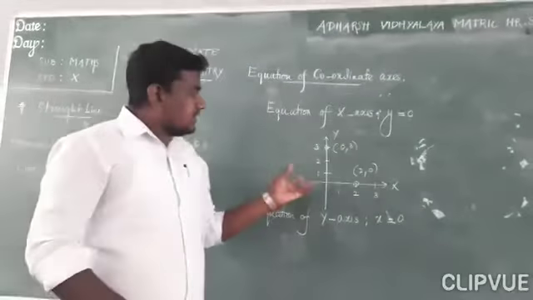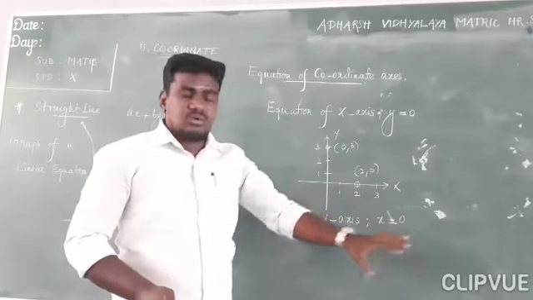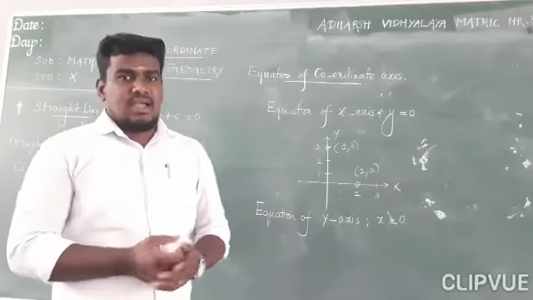Okay. So the equations of x axis and y axis, y is equal to 0 and x is equal to 0, we have learned. If parallel to x axis and parallel to y axis, how to find?